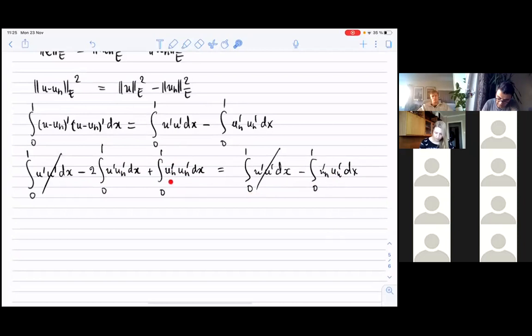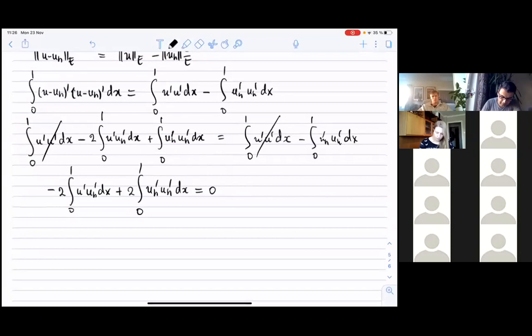If we move it to the left, there is the same integral here, but the sign becomes positive. So it's going to be minus 2 times the integral from 0 to 1 of u prime u_h prime dx plus 2 times the integral from 0 to 1 of u_h prime u_h prime dx, and this should be equal to 0.